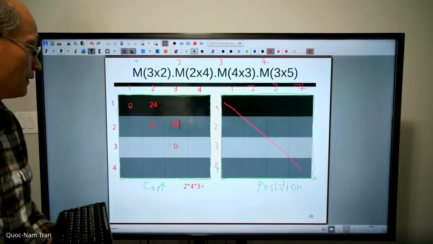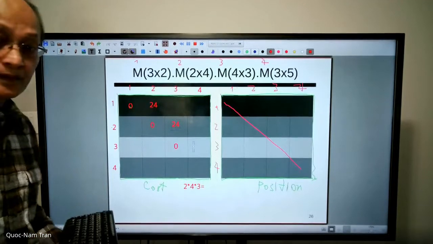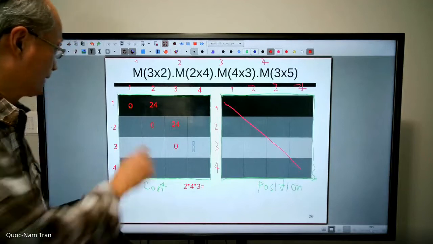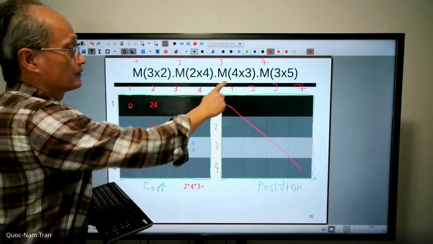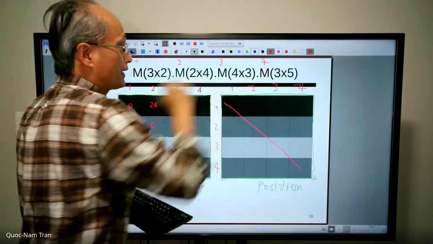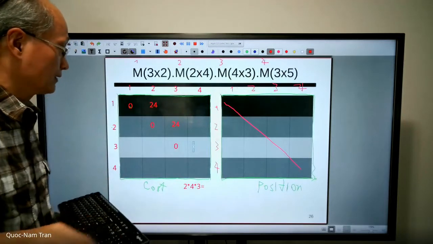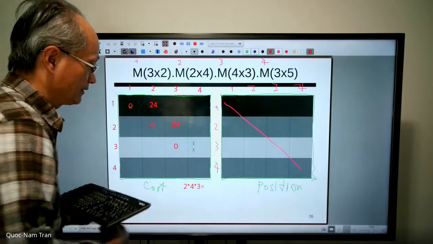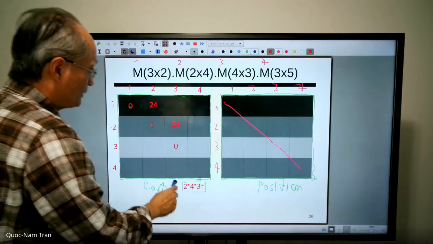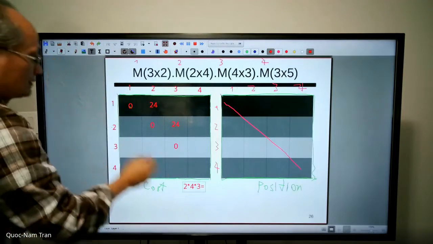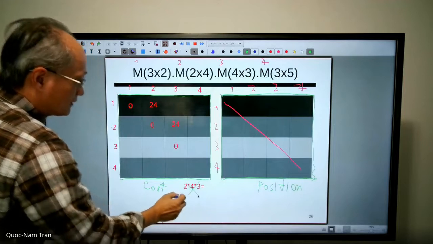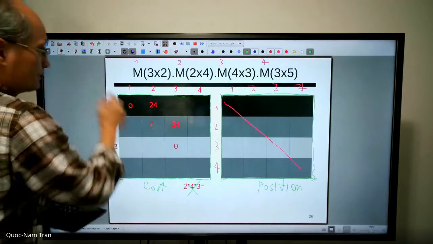Now 3 to 4. What do we have? We have 4 by 3 by 5, right? So we don't need to write it down here. We can write the result immediately to this cell.